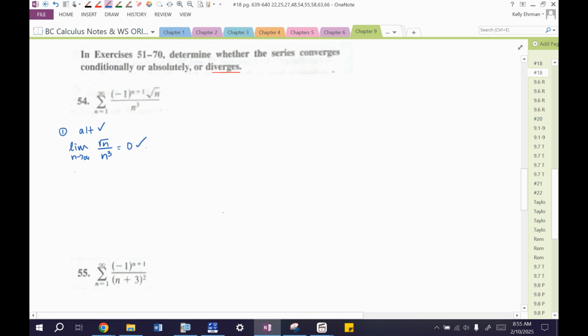And then we're supposed to sort of confirm that the terms are decreasing. So if you plug n plus 1 in, is that a smaller fraction than square root of n over n plus 1 cubed? Oops, this is supposed to say cubed. I'm going to say yes.